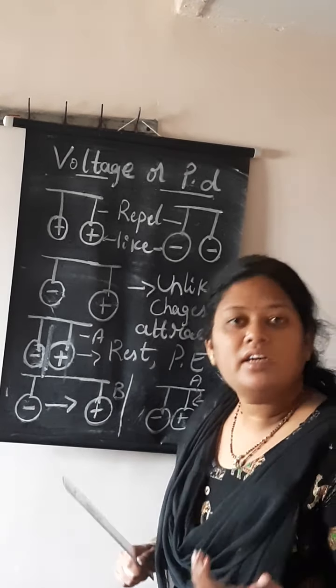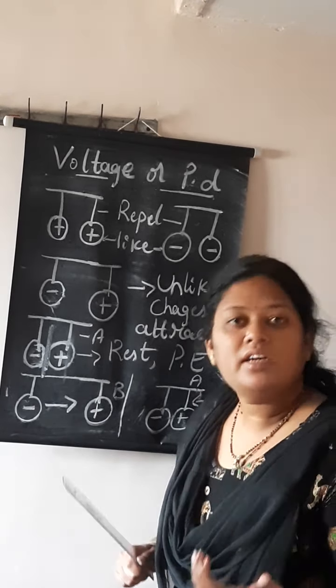So these two charges, when they were attracted to each other, were in a state of rest. When we applied energy in order to break the force of attraction between these two charges, the positive charge moved away from the negative charge.